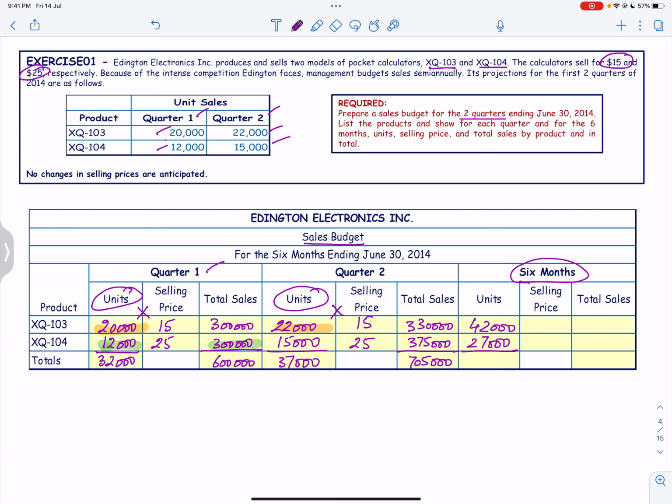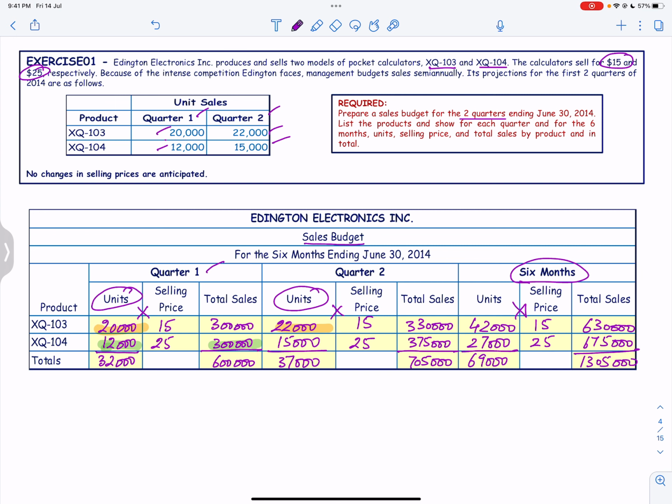So the total is 69,000, and the selling price is the same, that is 15 and 25. Again we multiply the units by the selling price. We have 630,000 and 675,000. So the total is 1,305,000.